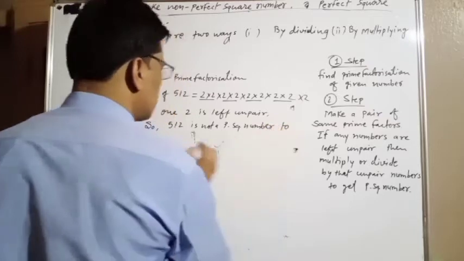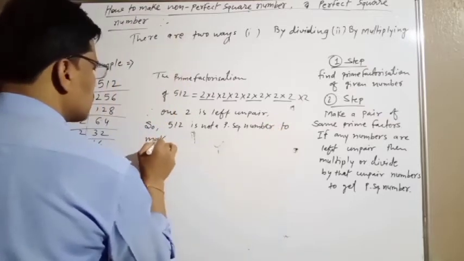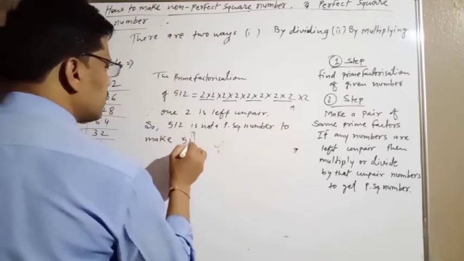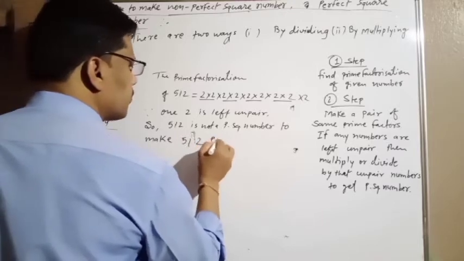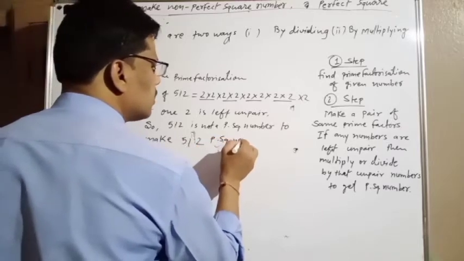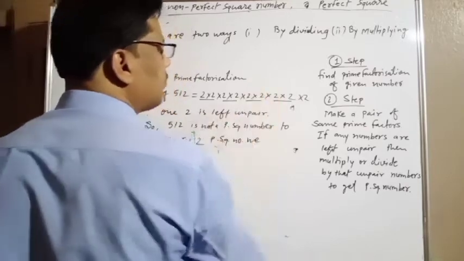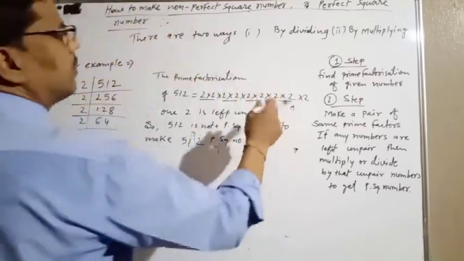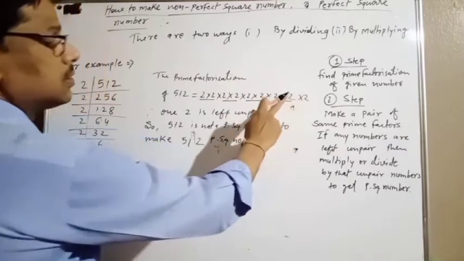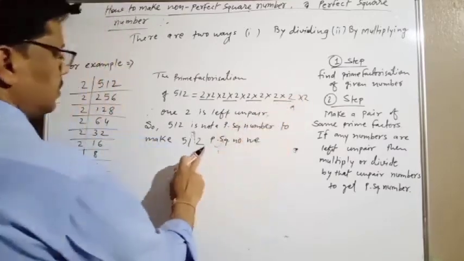To make 512 a perfect square number, we divide or multiply. By which number? The unpaired number.